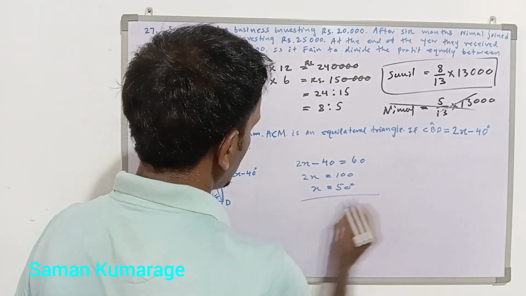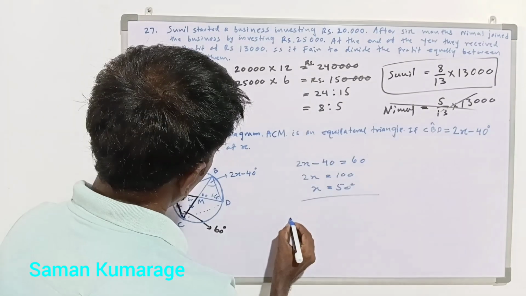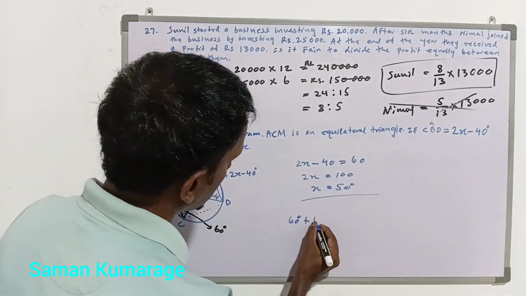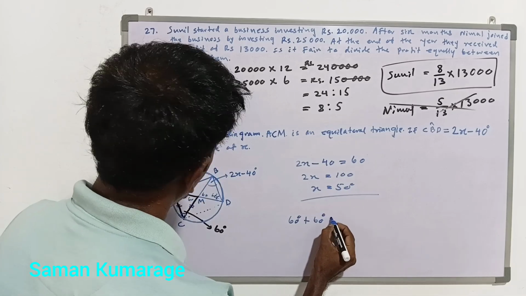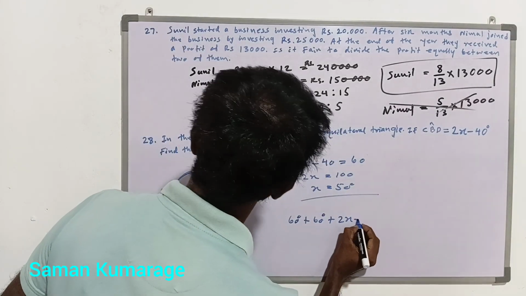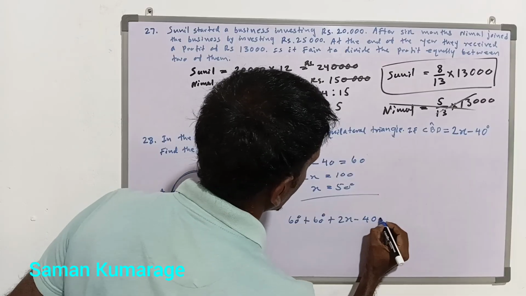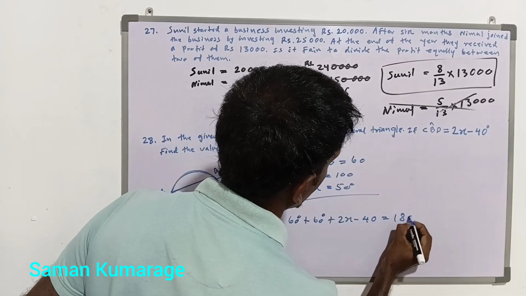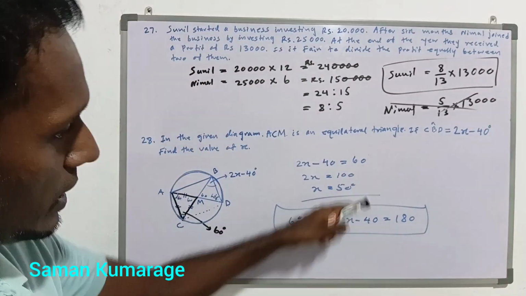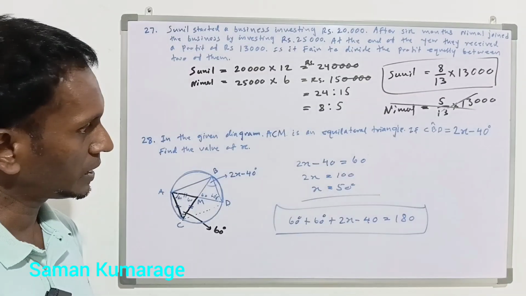Therefore, we can write as the second method 60 plus 60 plus 60 plus 2x minus 40 equals 180. So by solving this equation also you can get the same answer.